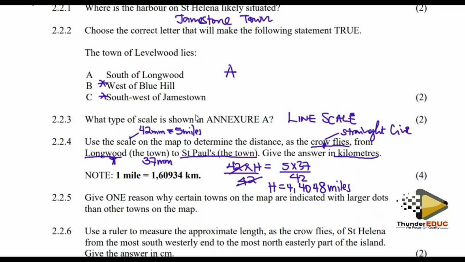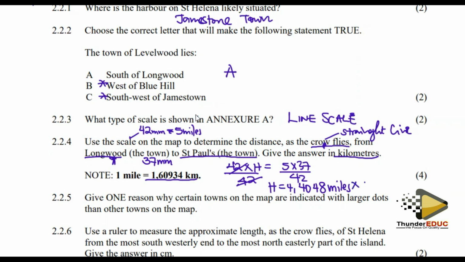So we shall change the miles to kilometers using the conversion factor. The conversion factor states 1 mile is equivalent to 1,60934 kilometers. So what we do?